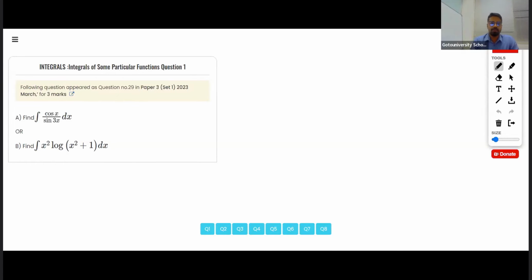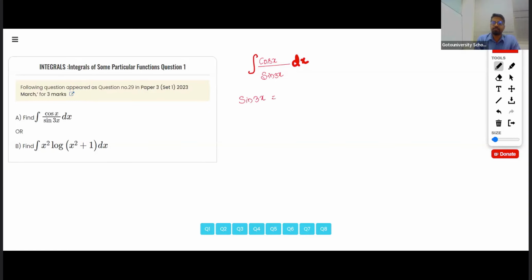Now, how is this question given to us? This question is cos x divided by sine 3x. So now we need to know what is the sine 3x expansion. Without that, this will be very difficult for us. What is sine 3x? Can anyone tell me?